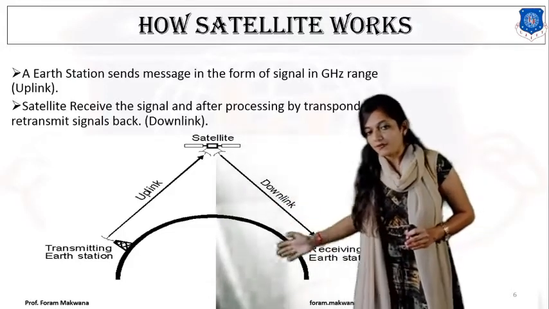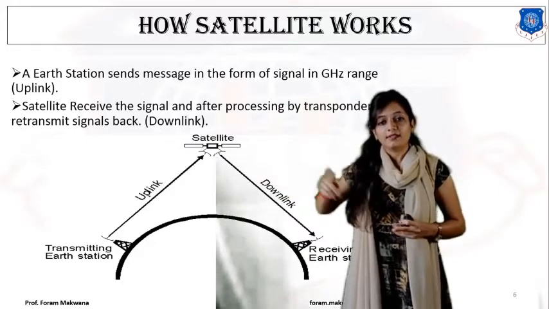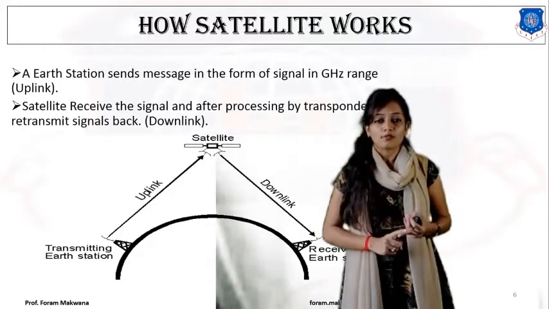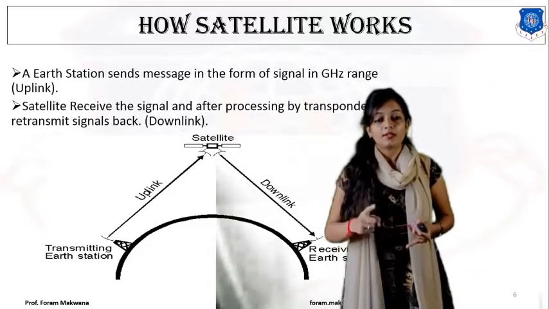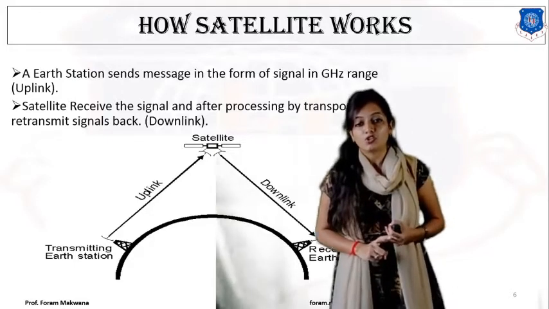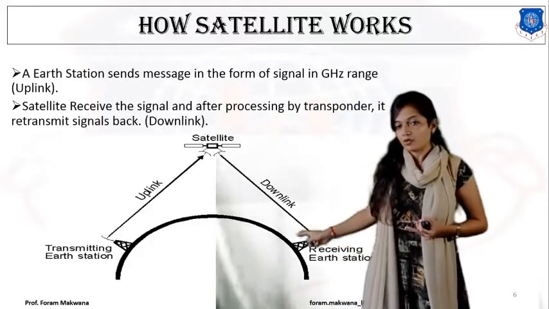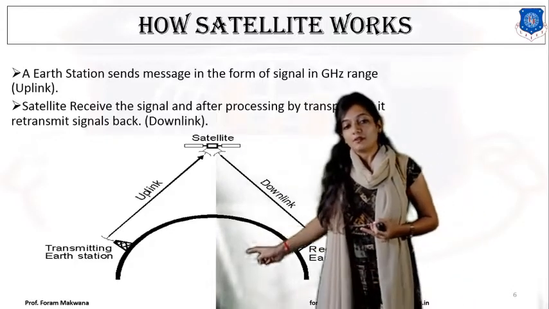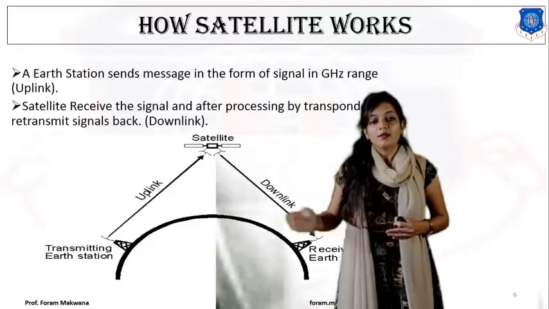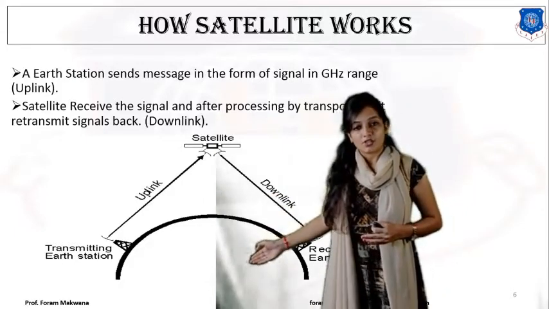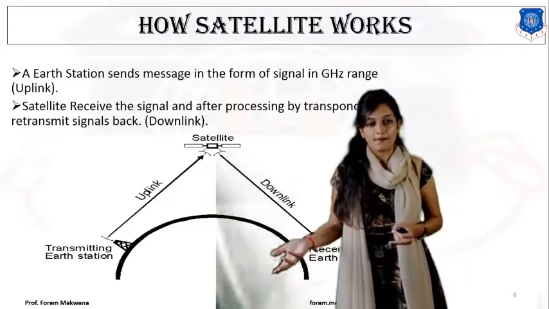If that amplifier is mounted in the satellite, then it will increase my satellite weight, and it will cause difficulty in launching the satellite into space. That's why we increase the power of the transmitting signal at the transmitting Earth station by using a high power amplifier which has a high gain.